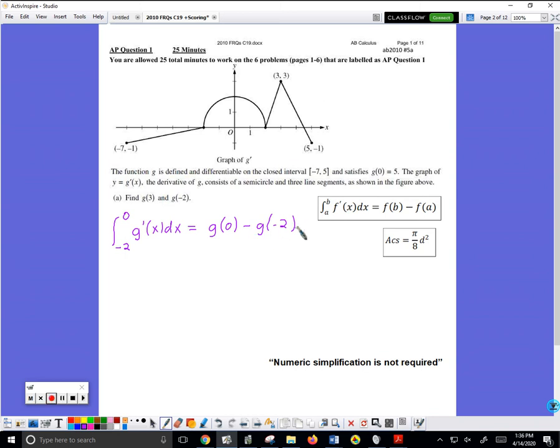Rearranging, we would move this to this side and then move the integral to that side. So we would end up with g of negative 2 equals g of 0, which is 5, subtract the integral from negative 2 to 0 of g prime.